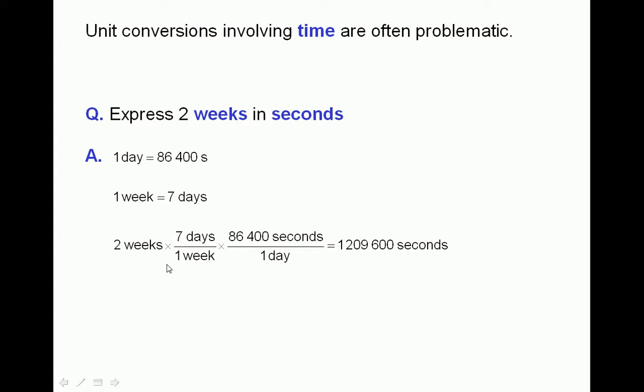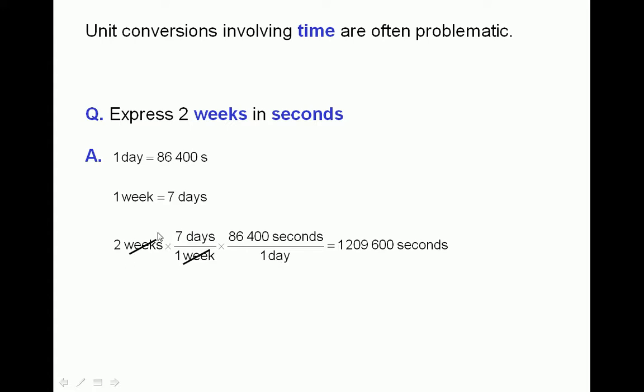So 2 weeks, the first conversion I'm converting to days. So I've got days on the top, weeks on the bottom, and that's going to get me to days. And then my second conversion factor needs to convert from days to seconds. So I've got seconds on the top and days on the bottom.